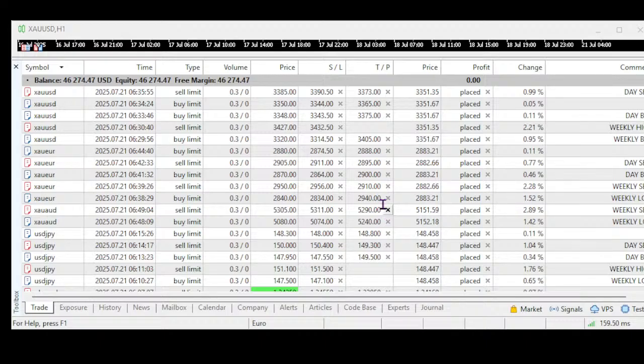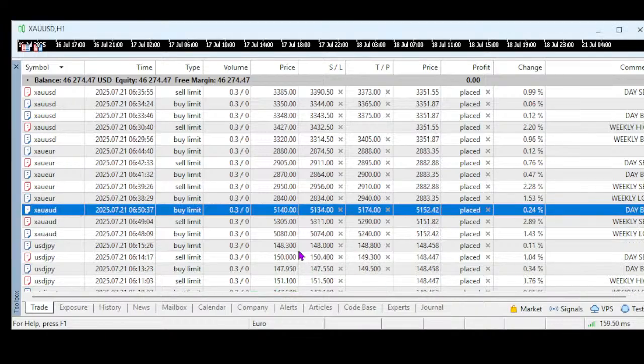Okay, this is a day order, day buy. So this is a day buy. We have given gold Aussie. Okay, buying at 5140, stop at 5134, TP at 5174.